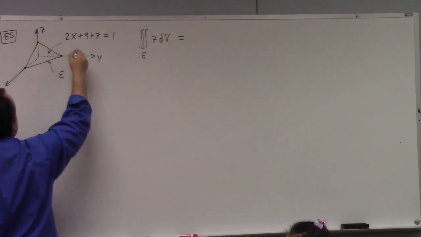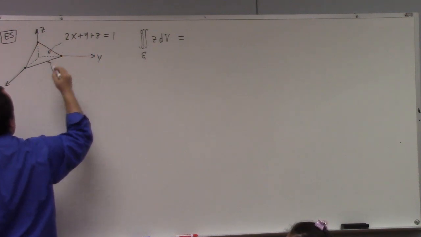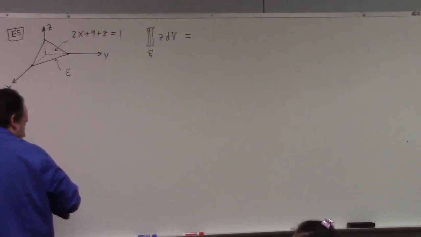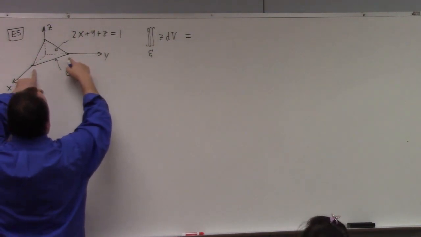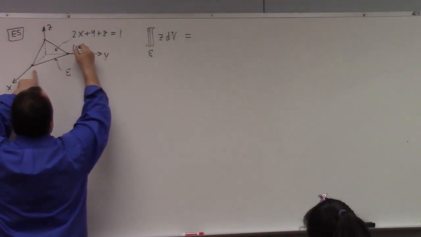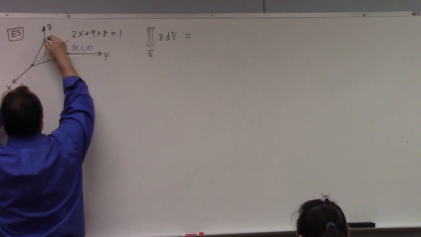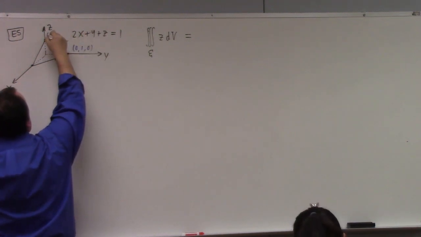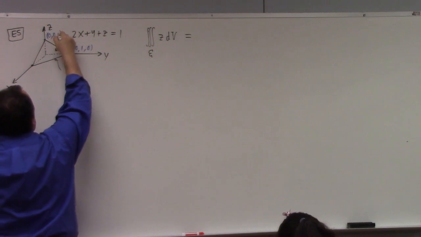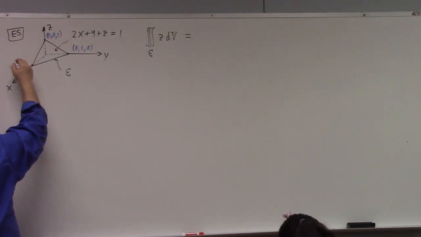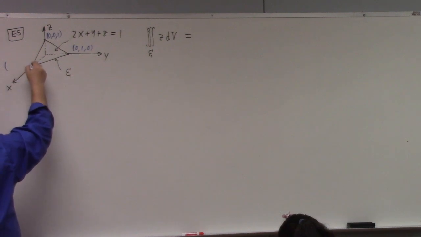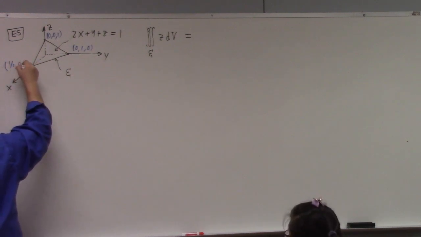What's this point right here? This point would be what? 0, 1, 0. Very good. This point up at the top? Just like you did, 0, 0, 1, right? The x one's a little funky. The x one's what? It's 1/2, 0, 0. Very good.